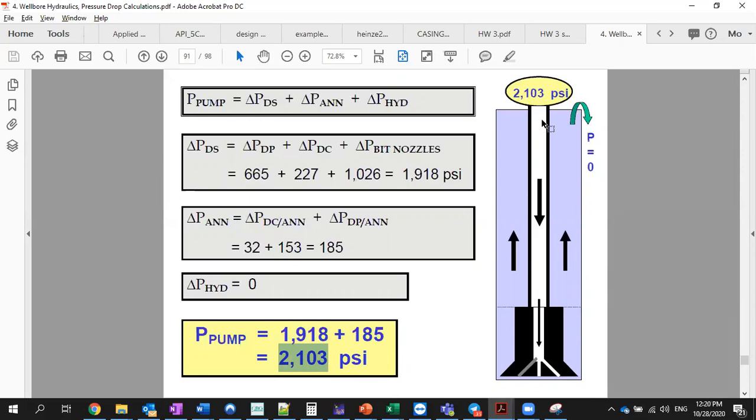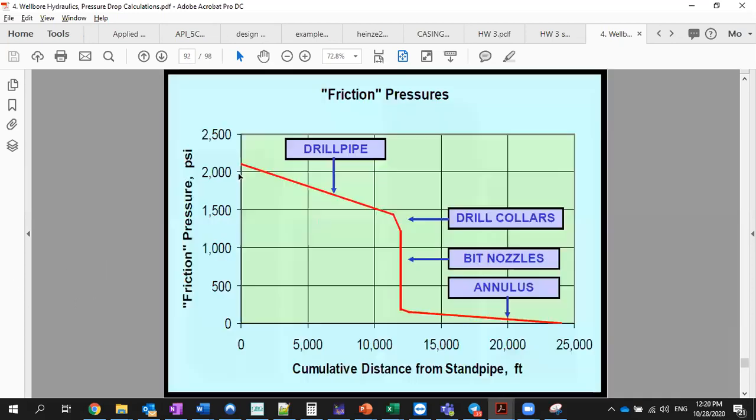Your fluid starts moving from the top of your drill pipe, goes down, passes the drill bit, and goes up the annulus. That's how it moves. The initial pressure of your fluid, which the pump provides, is 2,103 psi. That's this point.